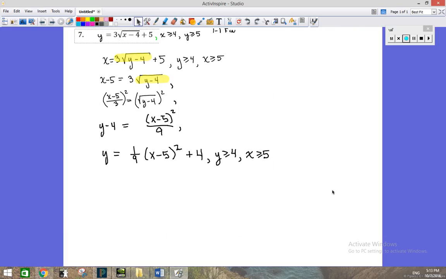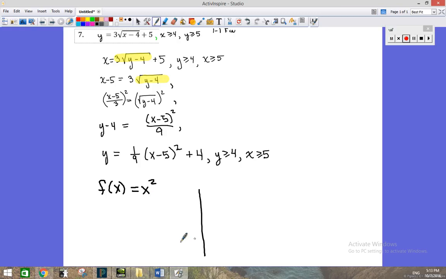So let's take a look at what this new graph is. Remember, we had sketched the old graph of the square root. We'd shifted it to the right and then shifted it up. Well, here I know that this inverse's parent function is f of x squared, our quadratic function.